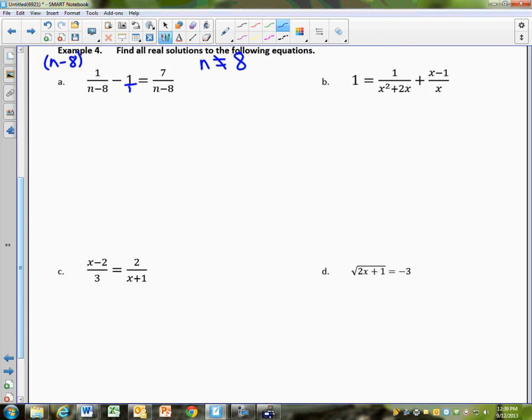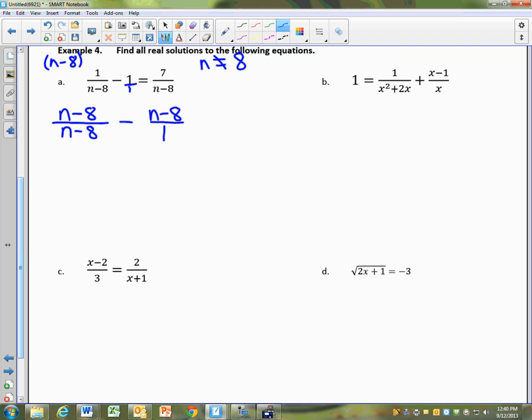I get 1 times n minus 8, which is n minus 8. And that sits over this n minus 8 right here. Then I have minus, I'm going to multiply this 1 by n minus 8. And then I'm going to multiply that 7 by n minus 8.